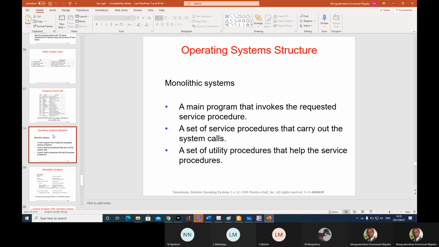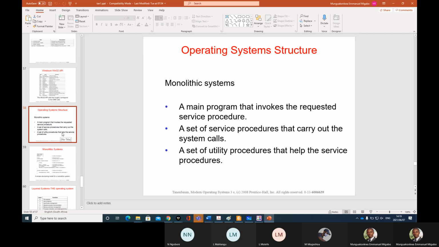Next is the operating system structures, the structure of an operating system. When it comes to an operating system, we can have different types based on the structure, meaning how things are organized. First, we've got what we call monolithic systems.